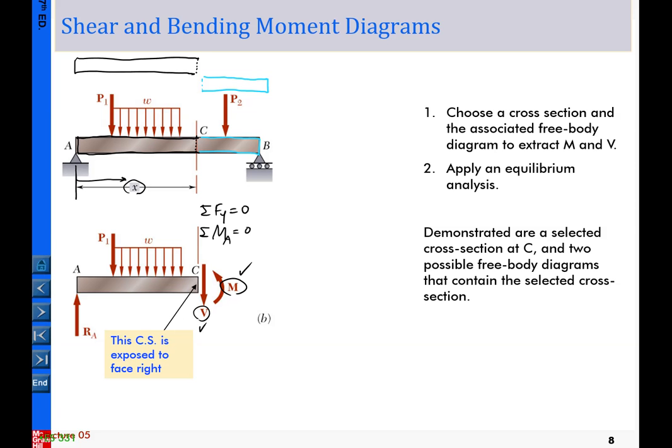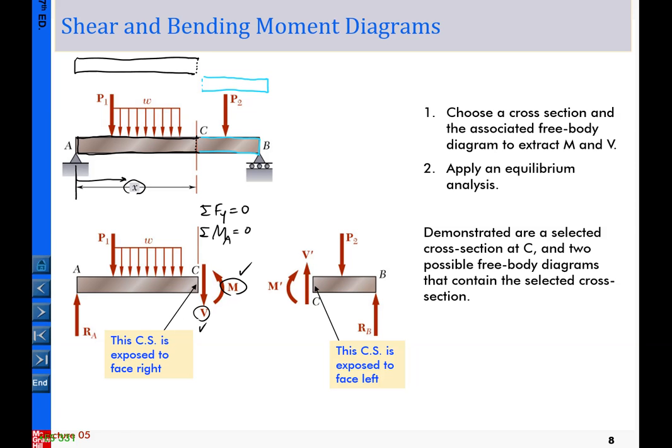Okay. On the other side, if you choose this option as the free body diagram to find out the reaction here, again, in this free body diagram the reaction happening at the support here is included. So again, in terms of this free body diagram, you take the equilibrium equations, and you can also obtain V prime and M prime here.